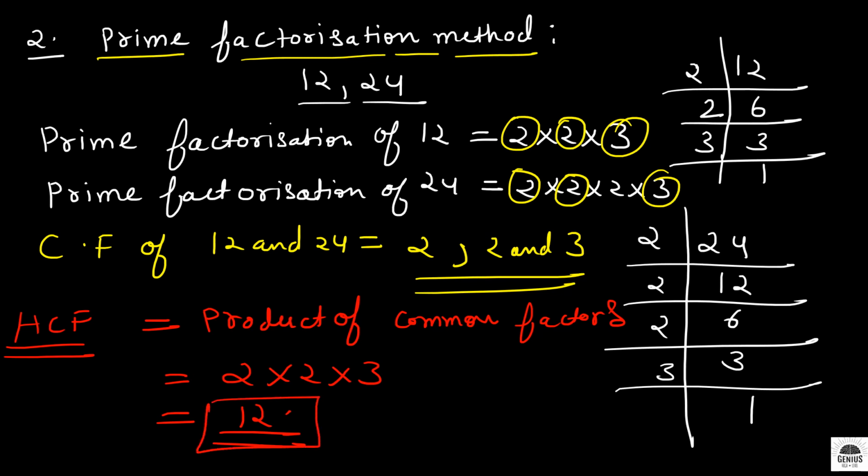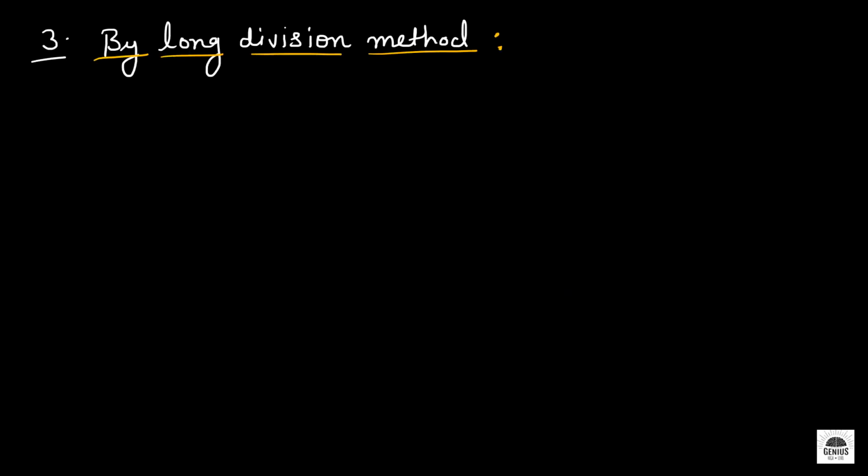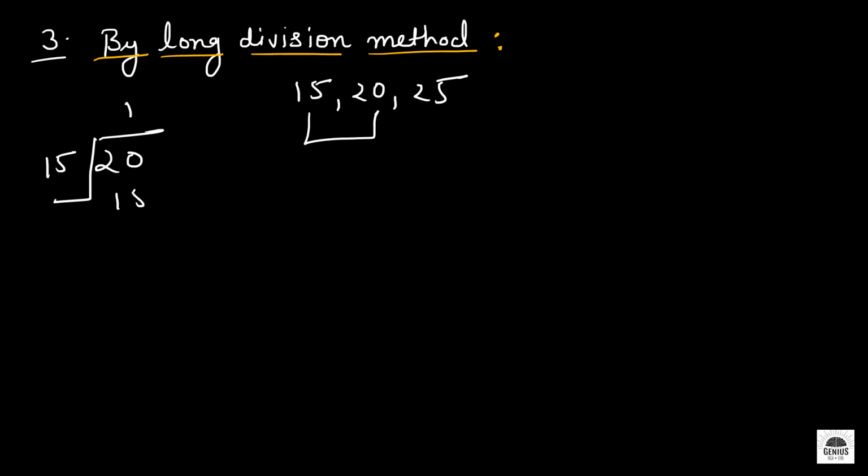The third method is the long division method. Let's take an example. Suppose we have three numbers and we have to find out the HCF of these numbers. First we will find out the HCF of any two numbers. I am taking 15 and 20. We start dividing: 15 ones are 15, so 20 minus 15 is 5.